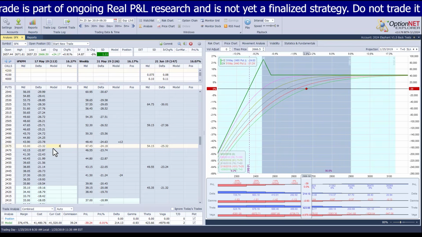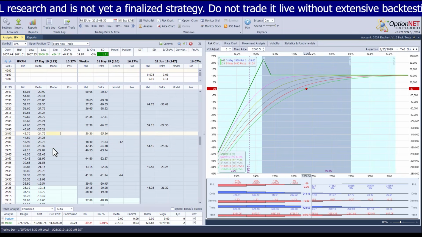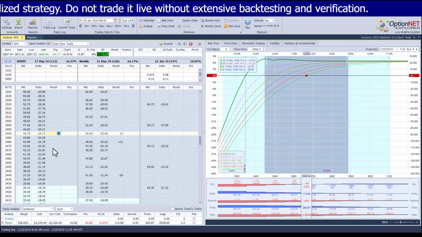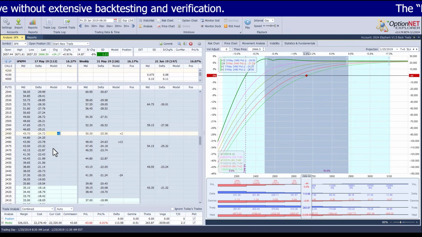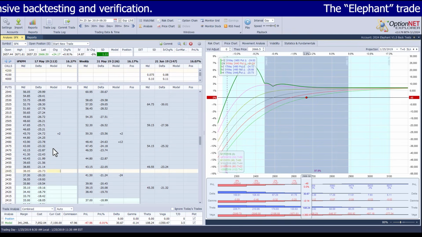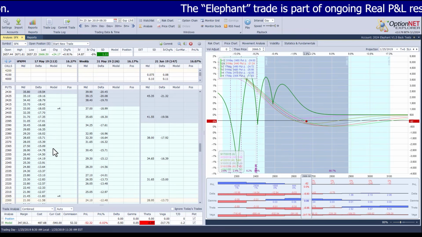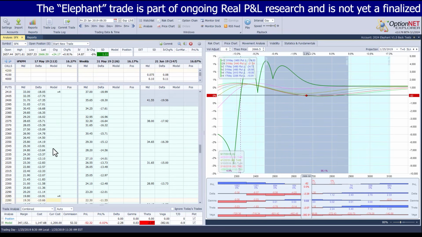Okay. And now let's build the trade. That's pretty good. Let's split it. Okay, that looks good. Now let's see where we can go with this. Might be able to do it.